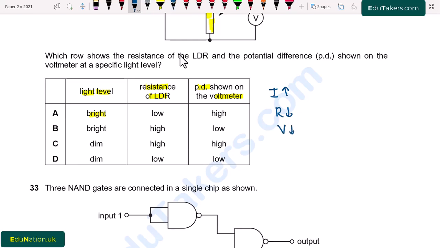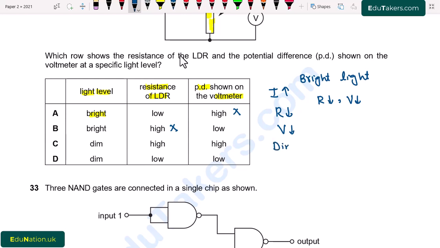It means that in the bright light, resistance is smaller and also the potential difference is smaller, which is shown by the voltmeter. So first option, when the bright light, the resistance is low but the potential difference is high. So it is incorrect. Second option, in the bright light, the resistance is high. It is also incorrect.